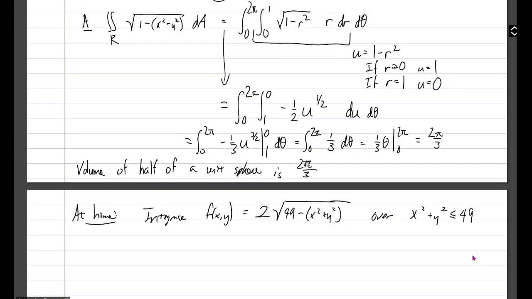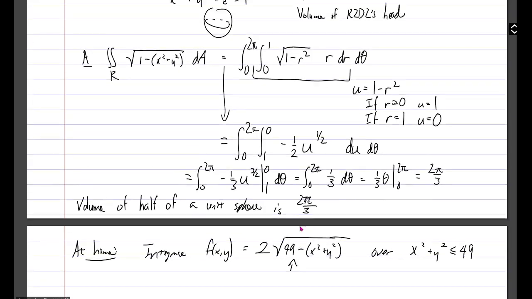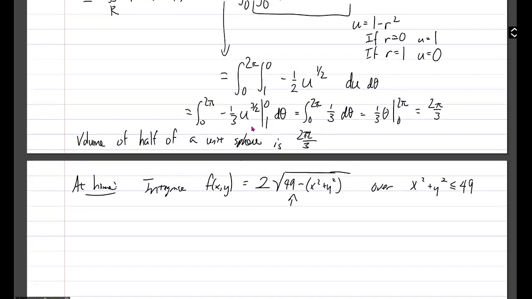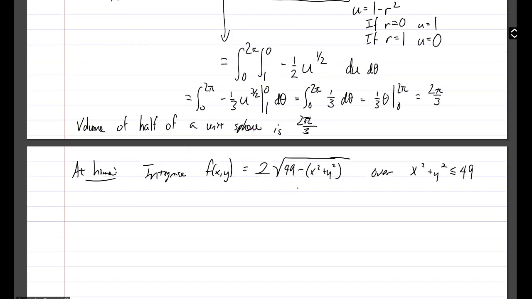Now, what's this going to do? Why would you do this? Well, the 49, if you work out the details, kind of like what we had back over here, this is going to end up becoming part of a sphere of radius 7. And then the 2 is just effectively trying to say, look, if it's just going to be the top half, multiply by 2 so that you get the top half and bottom half volumes.